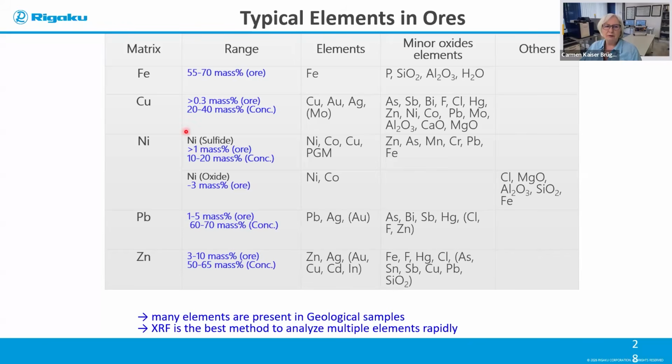So here is a nice slide showing you very often the coexisting elements with the different matrix that we have. So as I mentioned, XRF is one of the best methods to measure multiple elements, because you can see we have a large range of elements coexisting with the main ore body, which would be either nickel or copper in the examples that I'm showing.